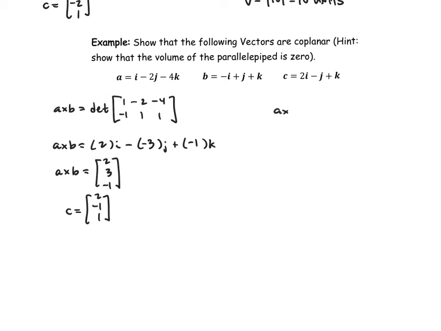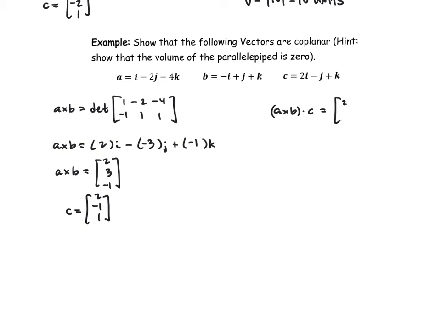So let's do our work. Our goal here, you can pause the video if you want, is actually showing that A crossed with B dotted with C has to equal 0, right? So show that the volume is 0. We're hoping that this result comes out to be so.